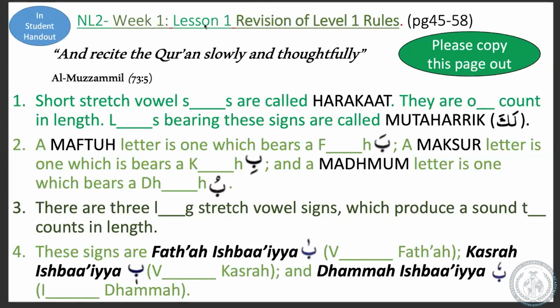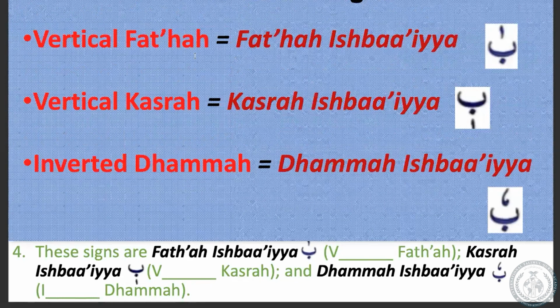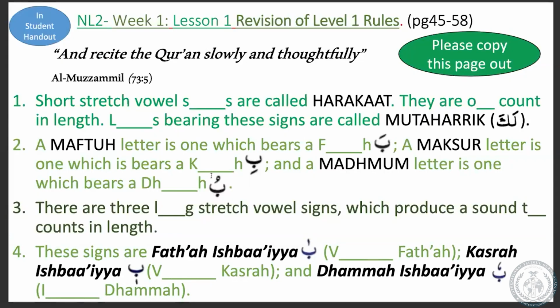Okay, so today, as you can see from the screen, we're in week 5, but we are revising some of the rules that we have learnt before. So start jotting out what you can see on the screen. And this is from the student handout.